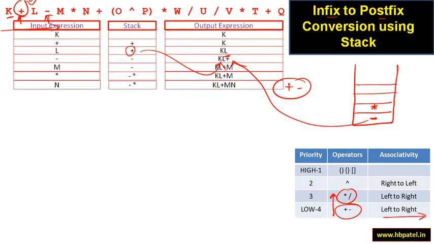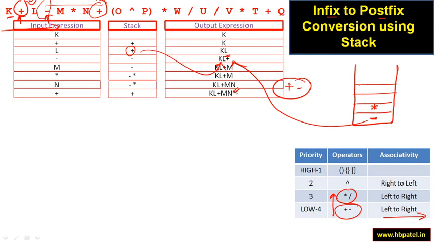Now next comes n, so I put it in the output. Next comes plus. Now the problem is, can I add plus over here? No. Why? Because multiplication has higher priority than plus, and minus also has higher priority than plus, since if I move from left to right, minus comes first and plus comes later.